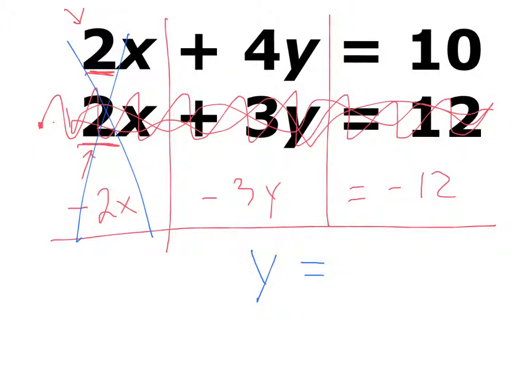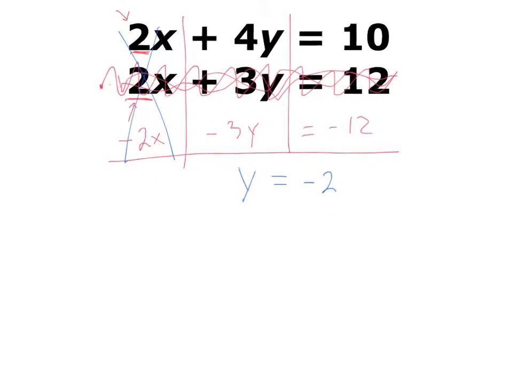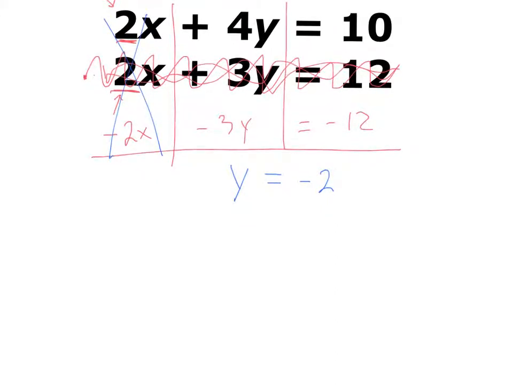And 10 plus negative 12 gives us negative 2. Okay, so now we can take that y and we can plug it back in. Okay, so let's rewrite that. Instead of 2x plus 4y, we have 2x plus 4 times negative 2, and that all equals 10.